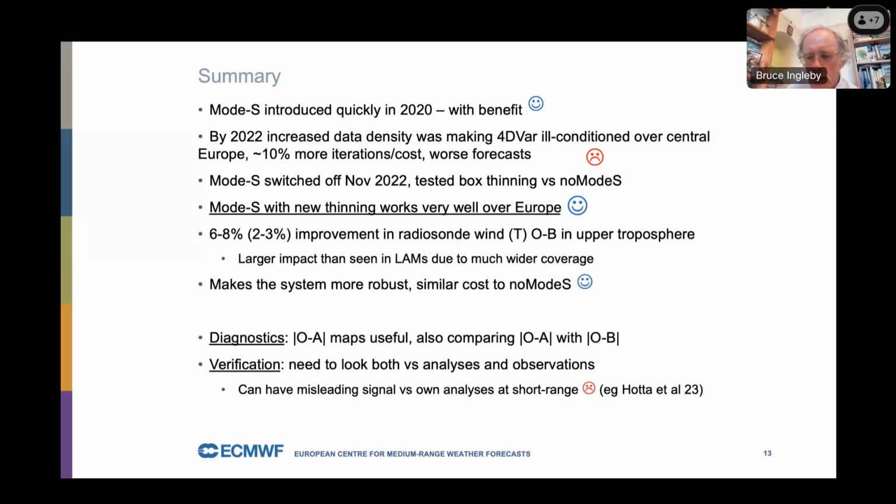So I changed it so that there was less thinning for certain aircraft categories: ADS-C, AIREP and TAMDAR, which are mainly oceanic. That is rather roughly a way of looking at the data density, but not explicitly.